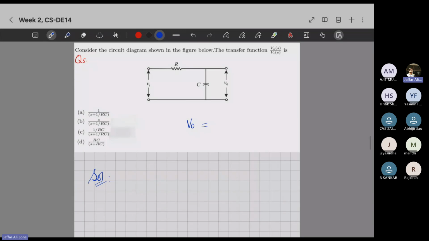V naught is the voltage across capacitor C2, and Vi is the input excitation. Now solve it and tell me the answer.